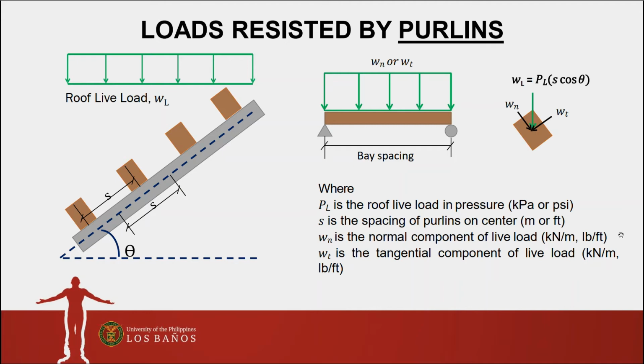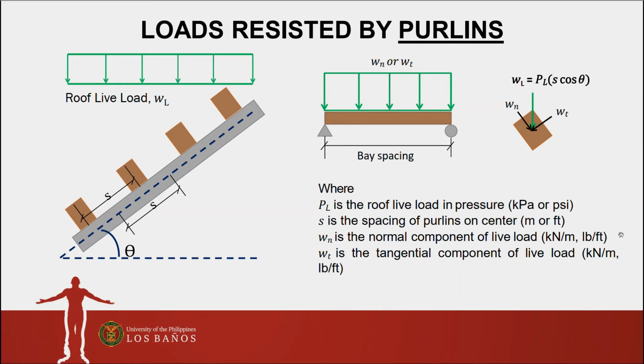To do that, we multiply the load by cosine theta, where theta is the roof pitch angle. After multiplying the load by cosine theta, the projection changes from horizontal to the inclined length.